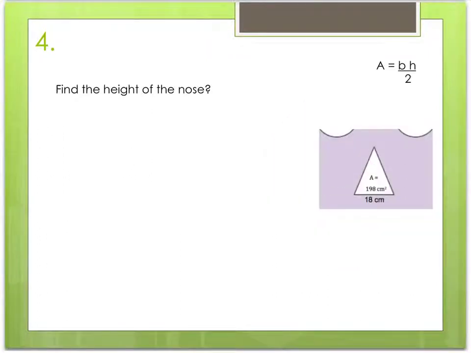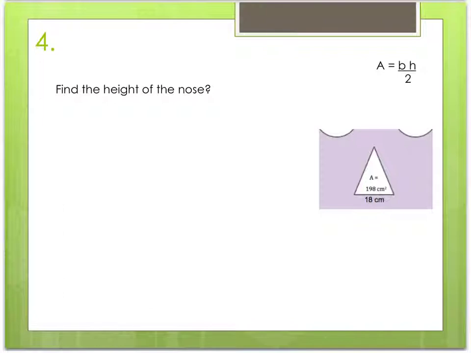In order to find the height of the nose, we need to use the equation here. Area is equal to base times height divided by 2. For this equation, we know that area is equal to 198 centimeters squared and that our base is equal to 18 centimeters. In order to answer this question, we need to rearrange the formula that we have.